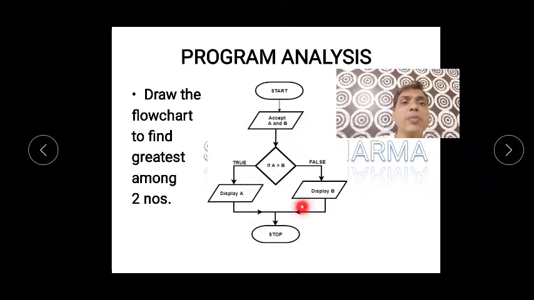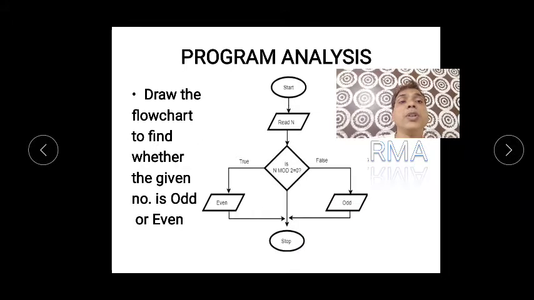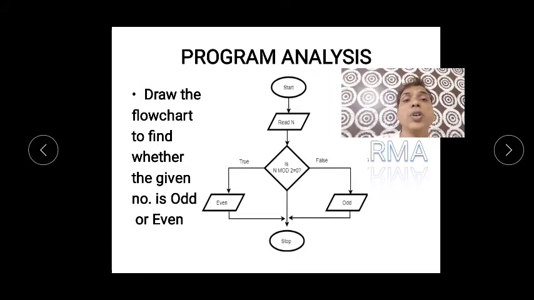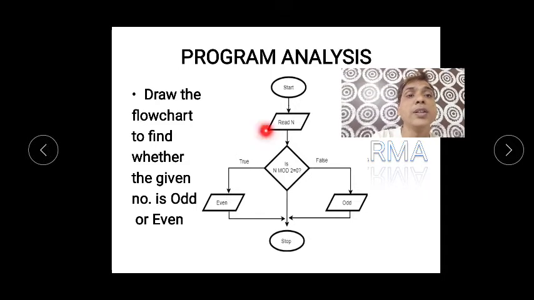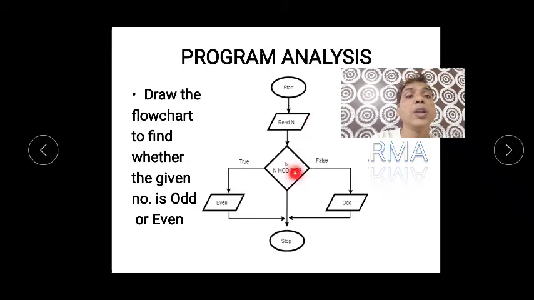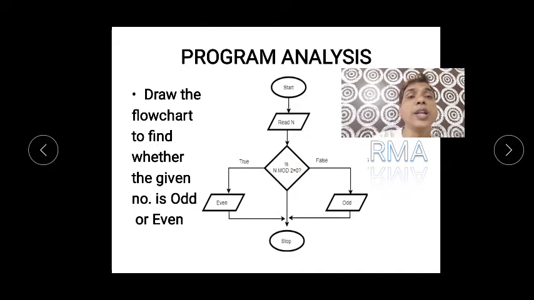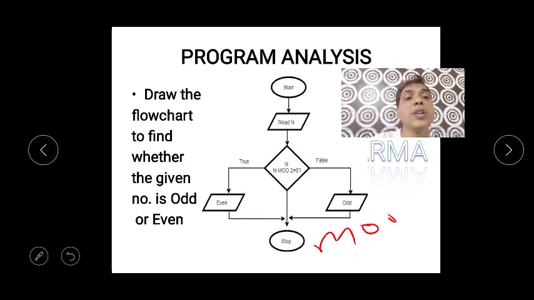So I think this is a simple flowchart. Draw the flowchart to find whether the given number is odd or even. Almost the same type of flowchart. Start, input n. Now is n mod 2. What do you mean by n mod 2? Mod means remainder.